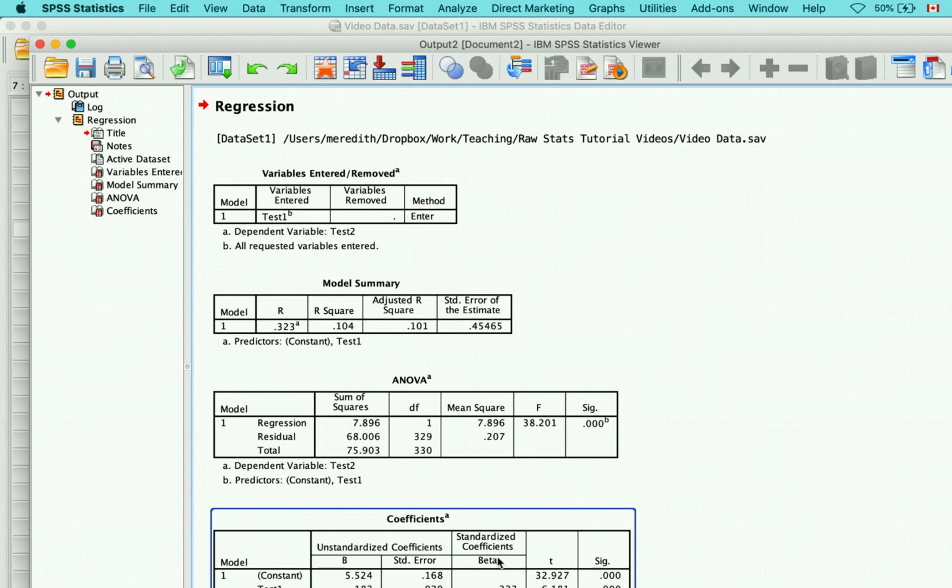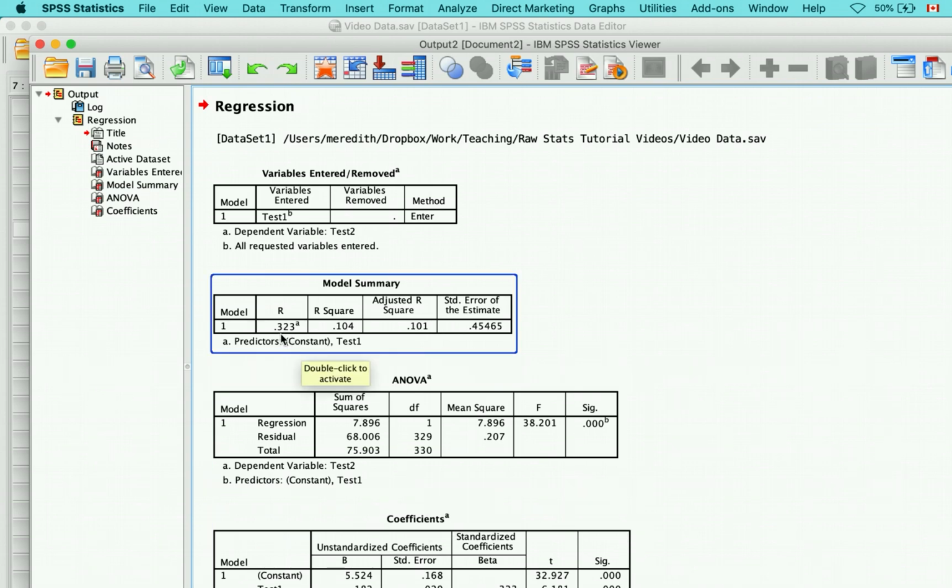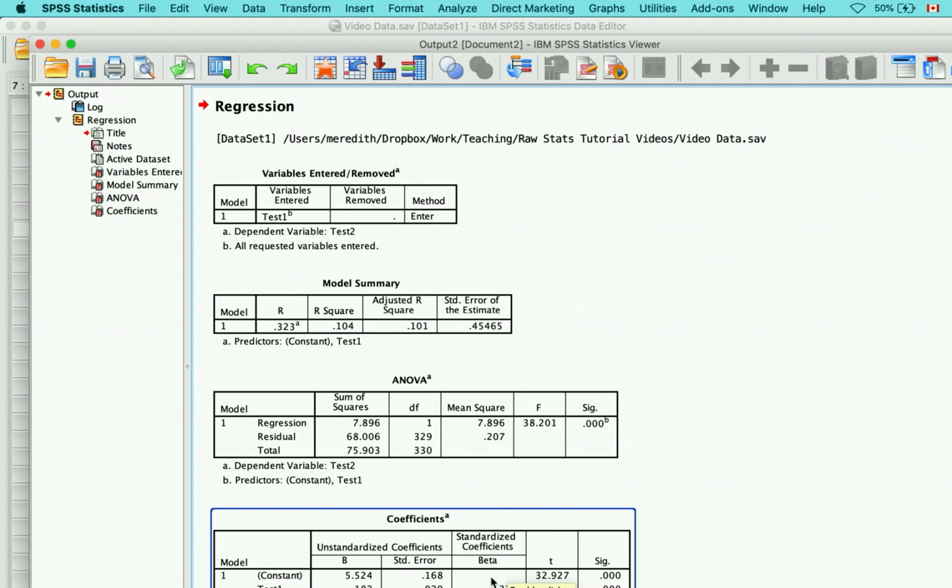And then finally here we have the standardized coefficient, which again, in the case of a simple regression, ends up also being the same as the correlation. But standardized coefficients become interesting and important when you have a multiple regression and lots of different predictors, because this lets you compare each of the predictors in the same unit of measurement to see which one has the strongest relationship with the dependent variable.